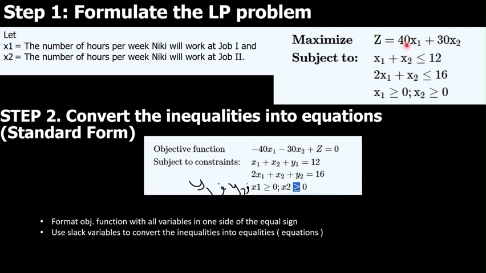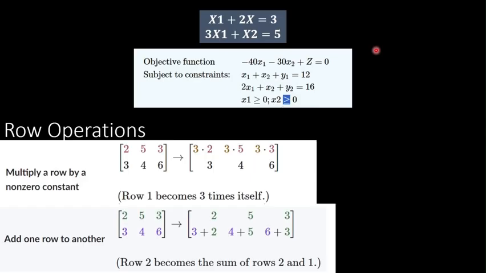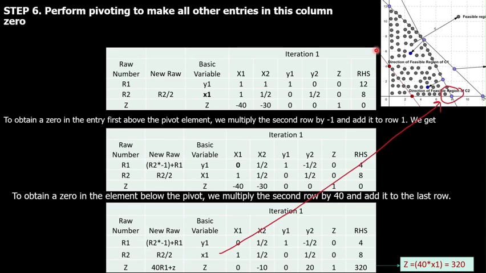So z equals 320 plus 10 x2. So x2 can still be increased, and any increment in the x2 value would increase z, which means that the value of 320 is not optimal yet.